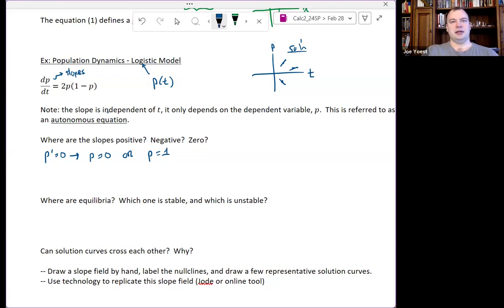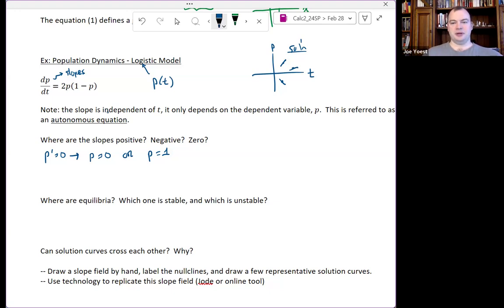If our population was 0, the slope was 0, we don't add or subtract anybody from the population, so a little bit later, the population is still 0. The slope's still 0. There are no births or deaths or whatever. The population level doesn't change. That's an equilibrium solution.